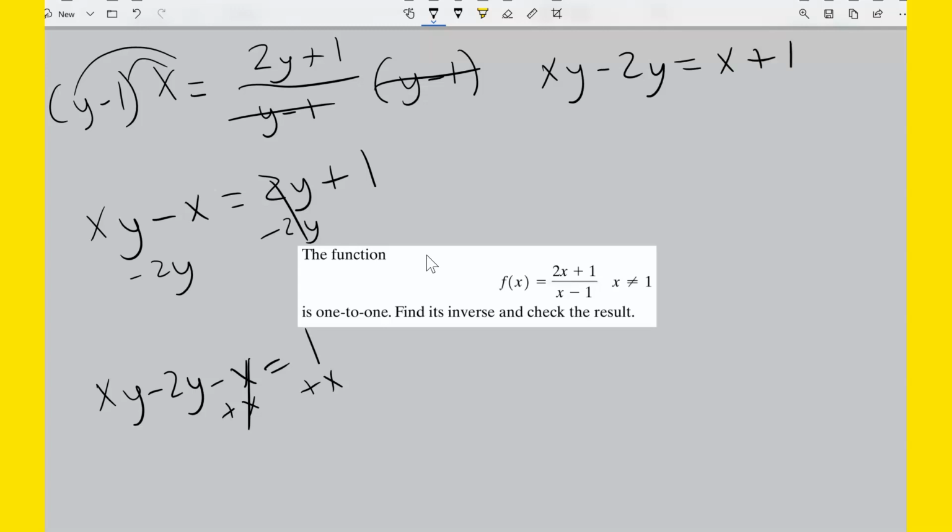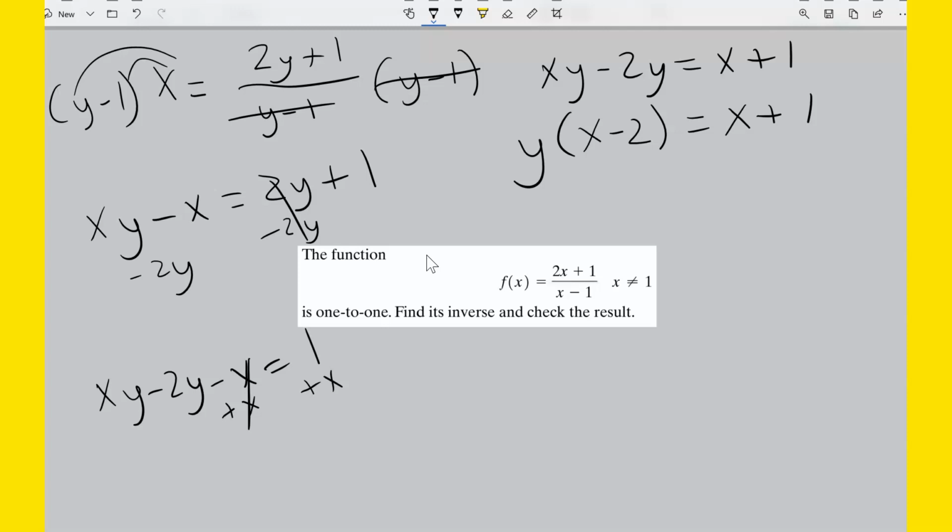Now, I want to get y by itself. This may be a trick that you wouldn't think of, but I will factor out a y from both of these terms, because these terms both have a y in common. That leaves me with x minus 2 when I do that.